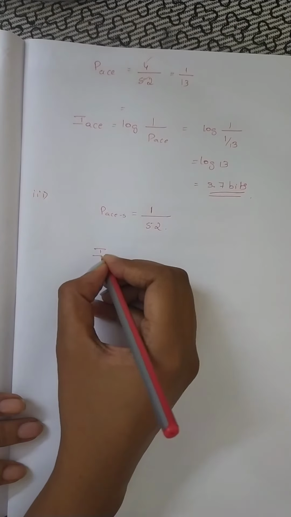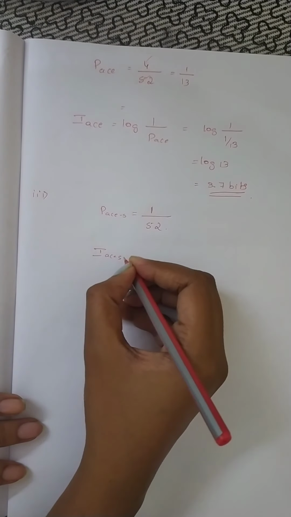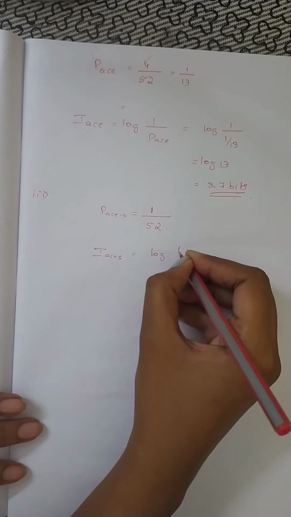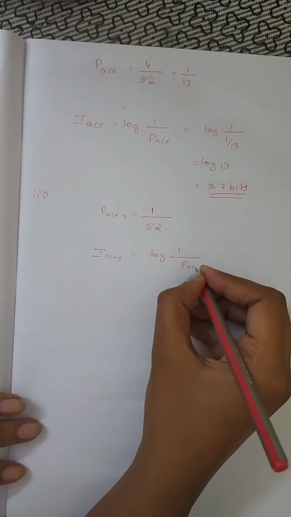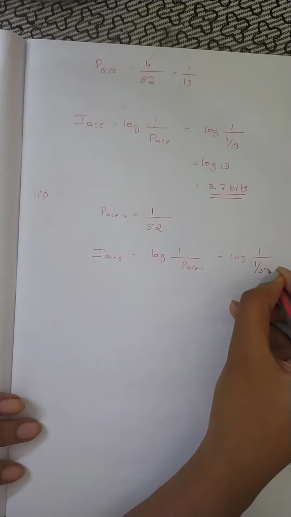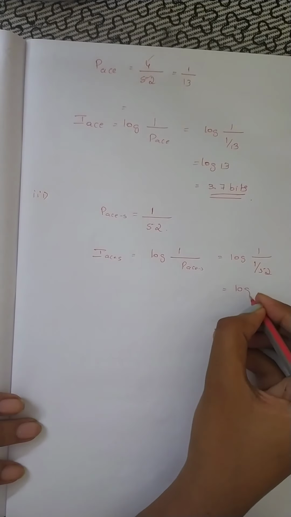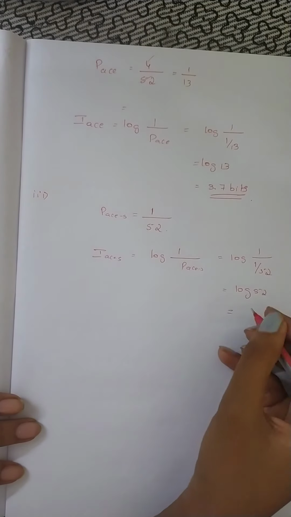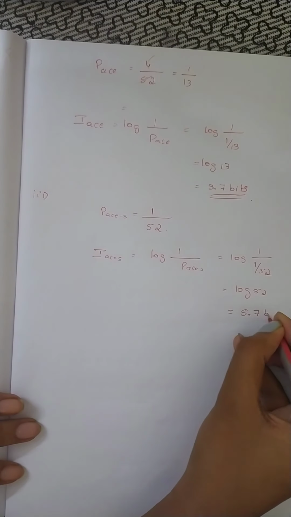Therefore the self information of ace of spades, I can write as log 1 divided by P of ace of spades, which is equal to log 1 divided by 1 by 52, which is nothing but log of 52. You will get the answer as 5.7 bits.